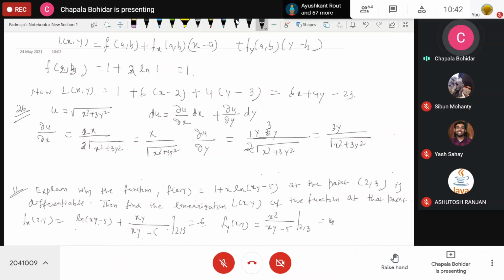Clear? So you put your value here. I'm writing here, what you get: du is equal to x by root over of x square plus 3y square dx plus 3y by root over x square plus 3y square dy. Okay? Clear to all of you? It is clear? Yes, ma'am.